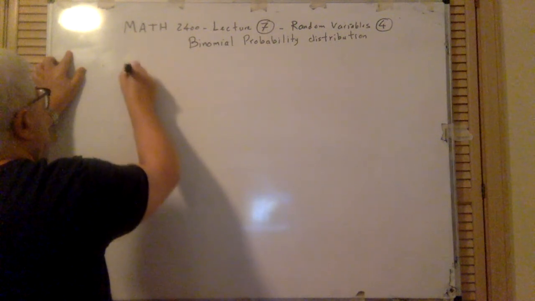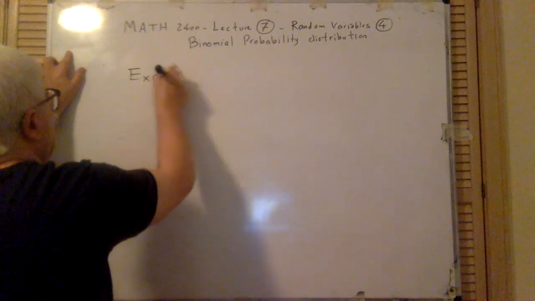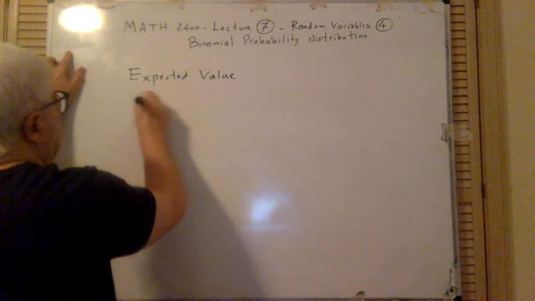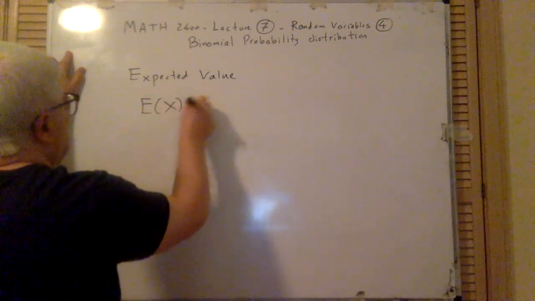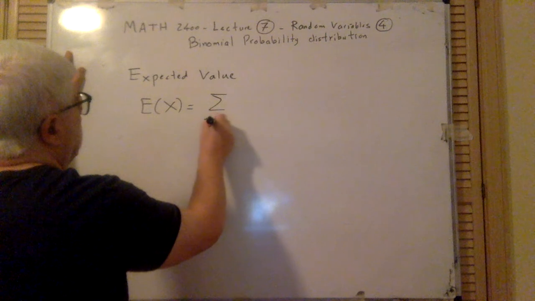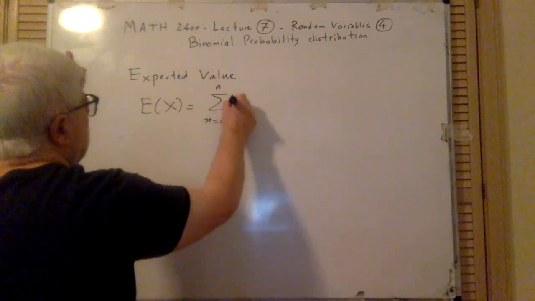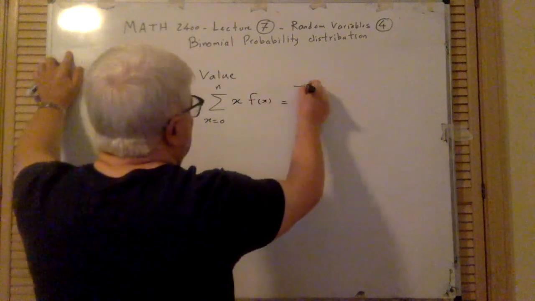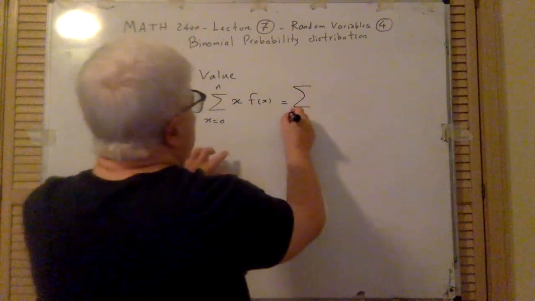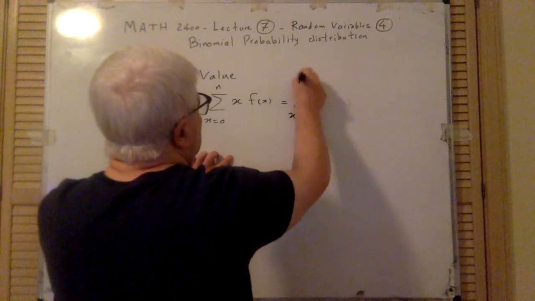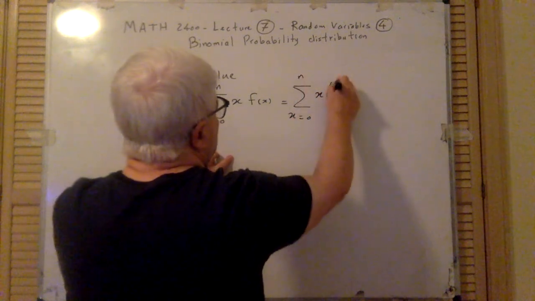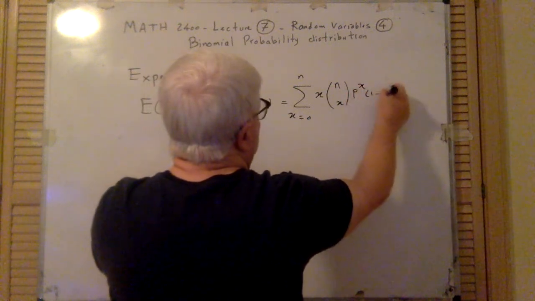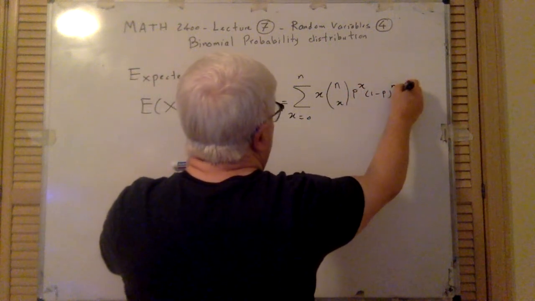So expected value, what was E of x? Remember, that was sigma over x from 0 to n of x times f of x, right? So it is sigma over x from 0 to n of x times n choose x, p to the power x, 1 minus p to the power n minus x.